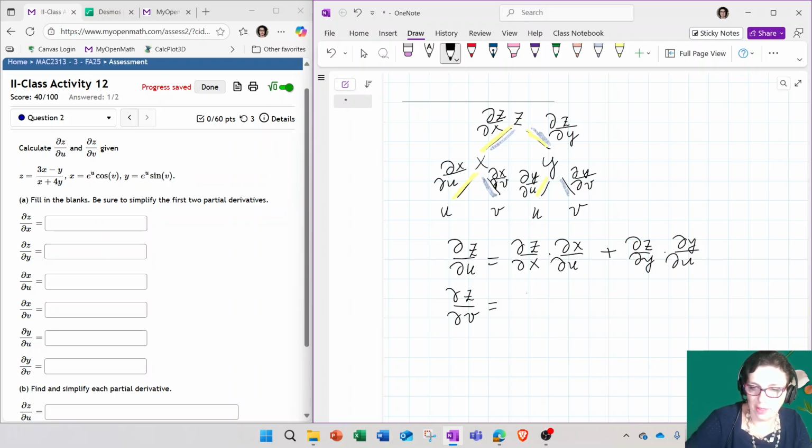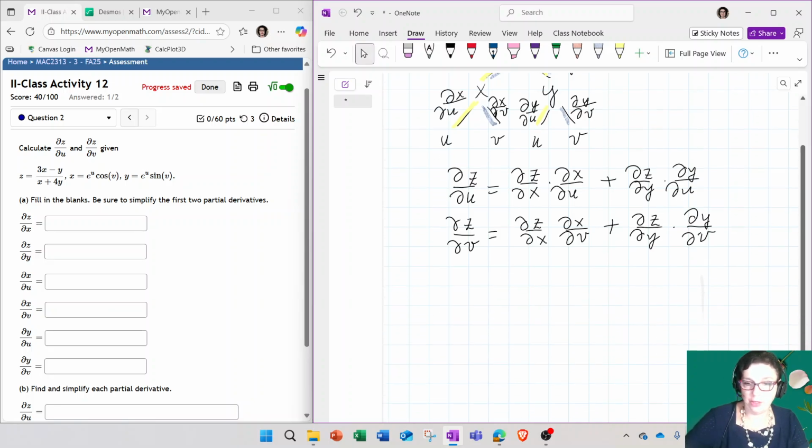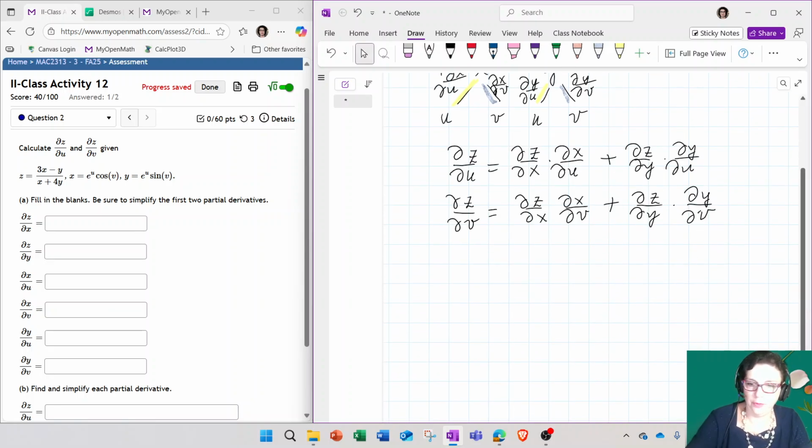Now we're going to have the exact same thing, but with v. So just take the original, whatever you just had, and switch u to v, and then that's how you get the other one. dy dv.